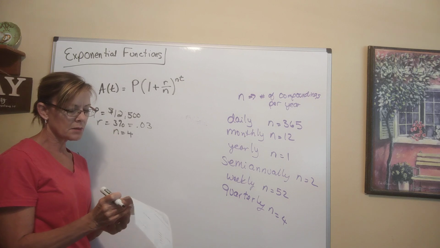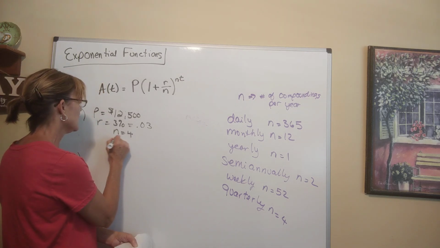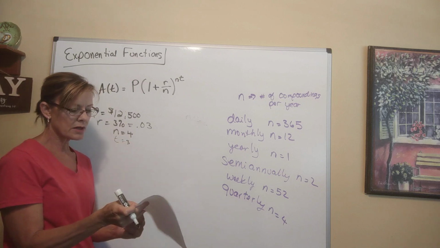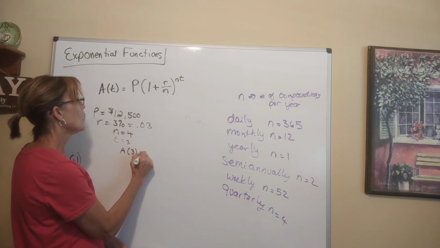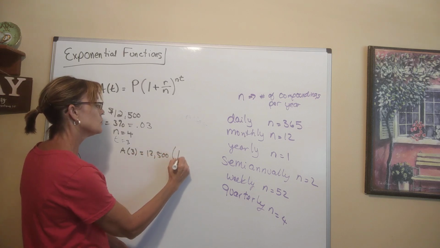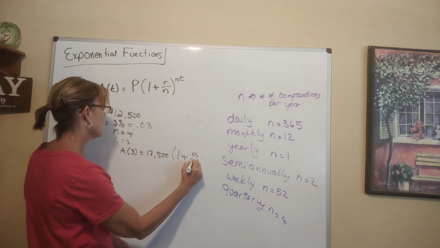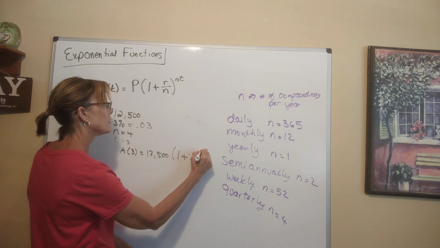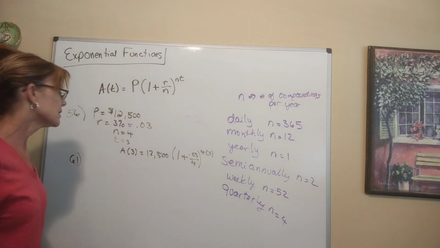And it's going to be invested for 3 years, so t is 3, and they want us to figure out what A is. What is A of 3 equal to? $12,500 times 1 plus 0.03 divided by 4, which is n, raised to the 4 times 3, which is nt. And we'll put this in our calculator.